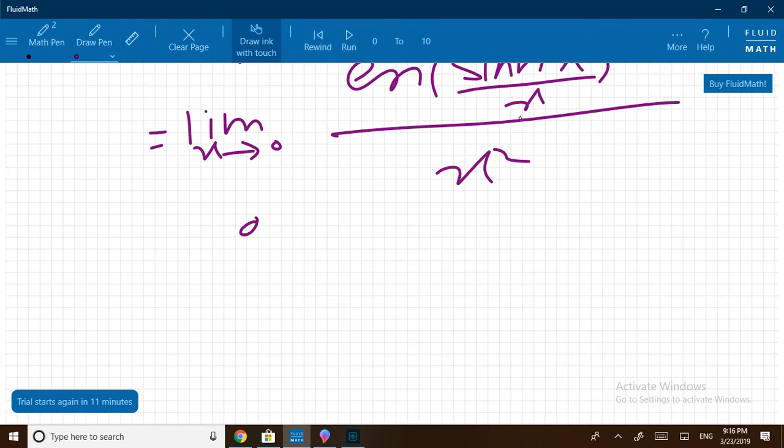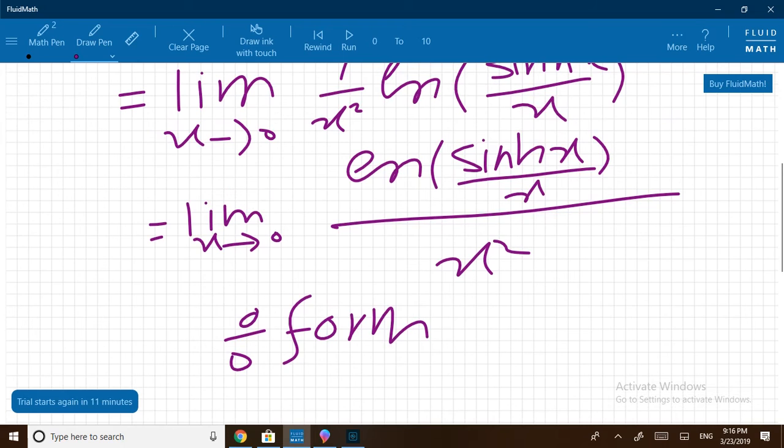Why is it 0 divided by 0 form? Because when we take the limit of sinh x divided by x as x approaches 0, by the formula this is equal to 1. So the natural log of 1 is 0, and also x square, when we put the limit, is 0, so we get 0 divided by 0 form.